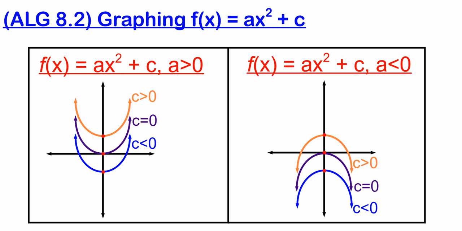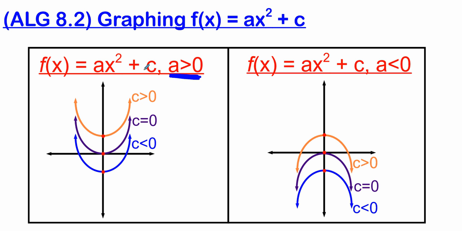As I was saying, with this section, we are going to be adding on a constant at the end. You can take a look at this. It says if a is greater than 0, your graph could look like this, where it's opening up, but it could be translated up or down c units. If c is negative, that means c is less than 0.